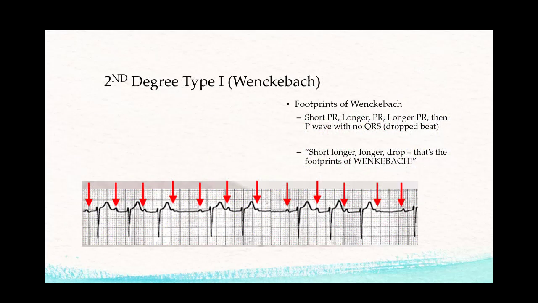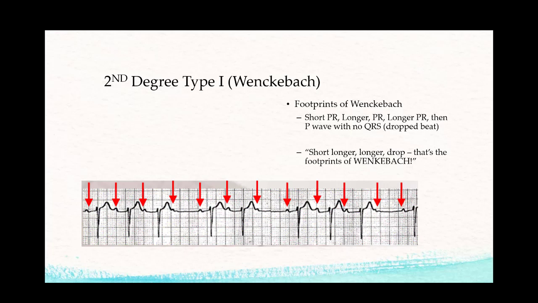A second degree type 1 AV block. This is also known as Wenckebach. With Wenckebach, second degree type 1, at the very beginning of the strip we have a short PR interval, and then on the second complex our PR interval gets longer.